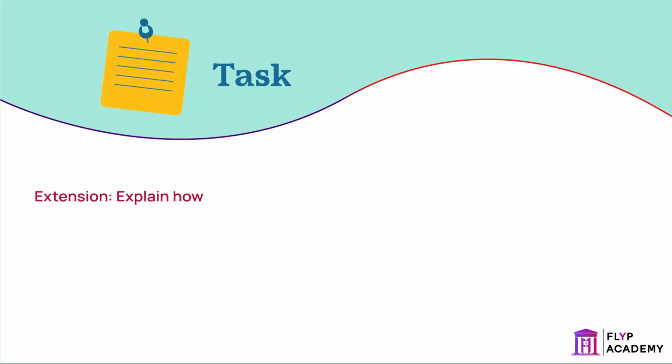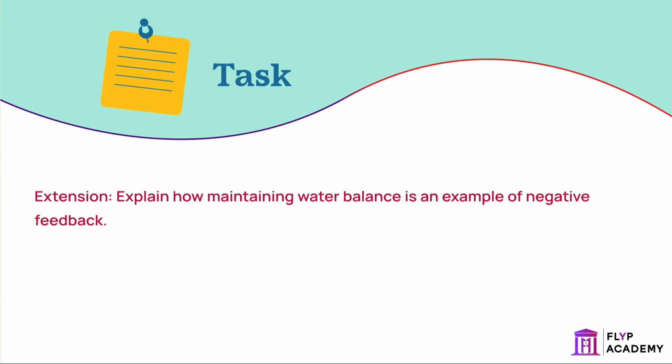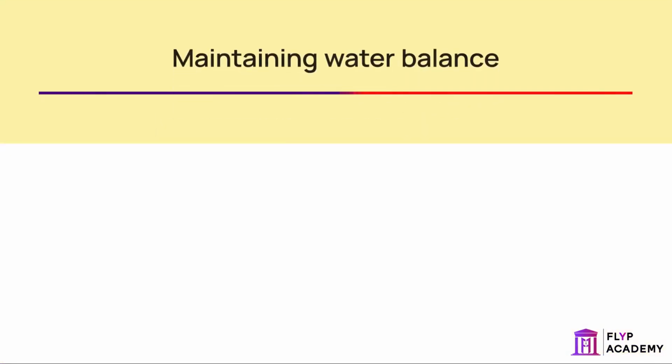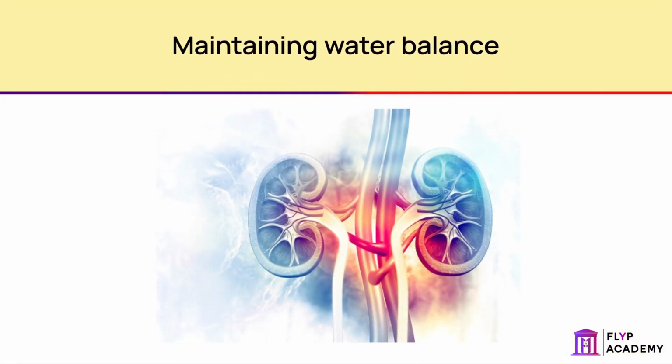Extension. Explain how maintaining water balance is an example of negative feedback. The amount of water in the blood is monitored by the hypothalamus, and if there is too little water, the hypothalamus causes the pituitary gland to release ADH, which increases the amount of water that is reabsorbed by the kidneys, restoring the water balance of the body.